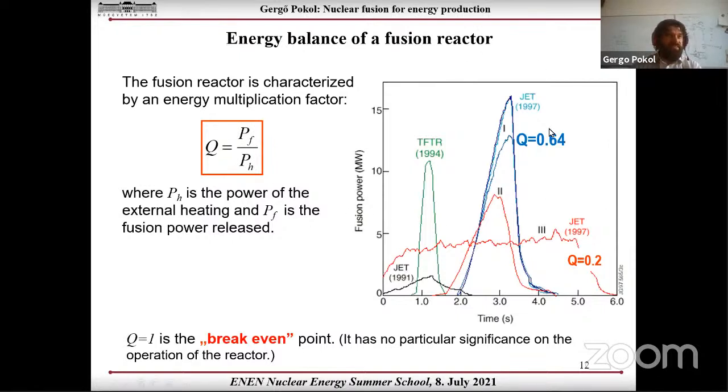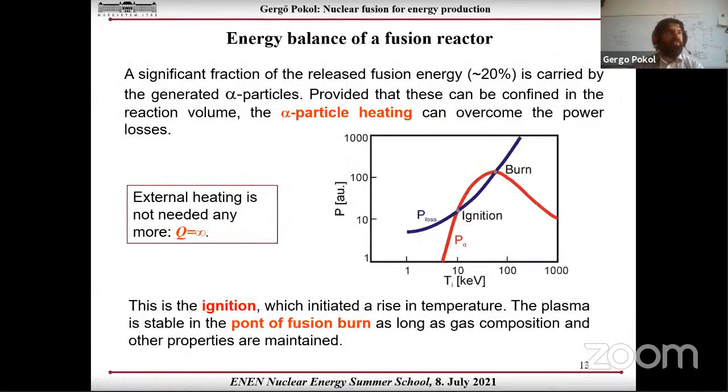And these are the record discharges. I mean, this is how far we could get yet. And you see that it's below 1. It means that we are not there yet. We could produce fusion energy, but we needed more heat into the plasma from external sources to produce fusion. And that's, of course, not what we would like to reach.